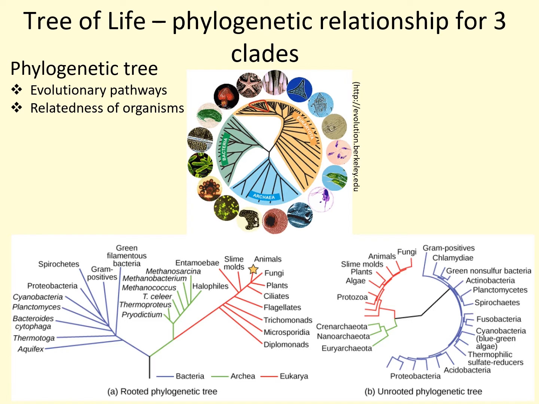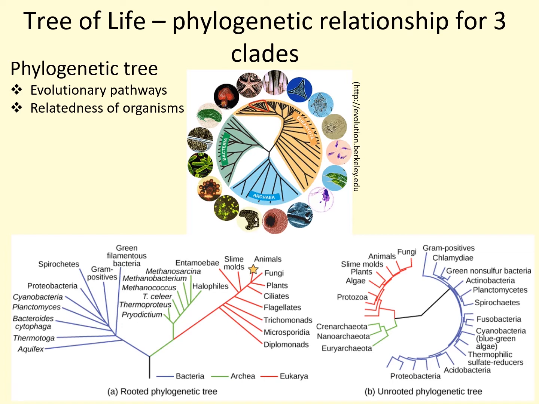So when we take a look at all the living organisms on this planet, we're going to put them into groups, and these groups we oftentimes refer to as a clade, right? And a particular clade, I'll spend more time talking about it, basically consists of the common ancestor and all of its descendants.